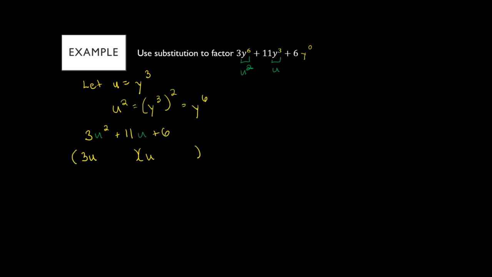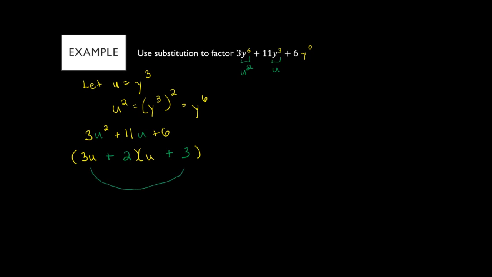Now I have to figure out my number portion, so I need to multiply to 6. So my numbers are 1 and 6 or 2 and 3, and I need to add to 9. So I'm going to try 3 and 2 here. And everything's positive because we're multiplying to a positive, we're adding to a positive.